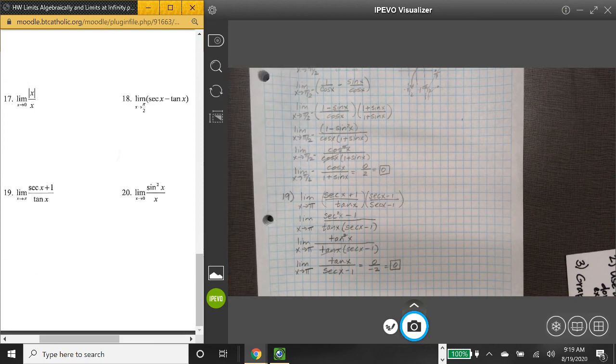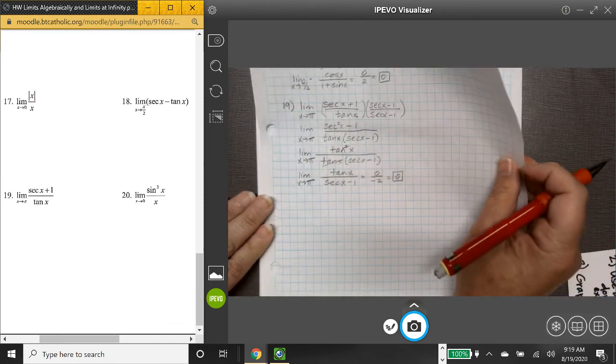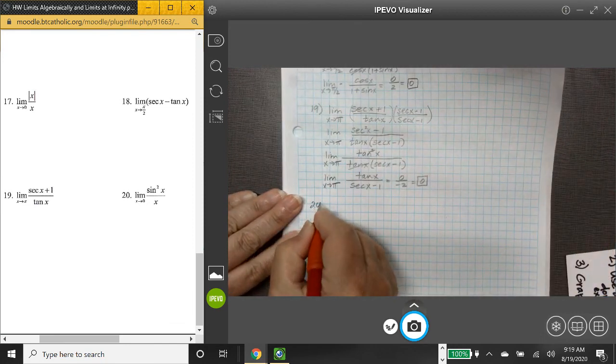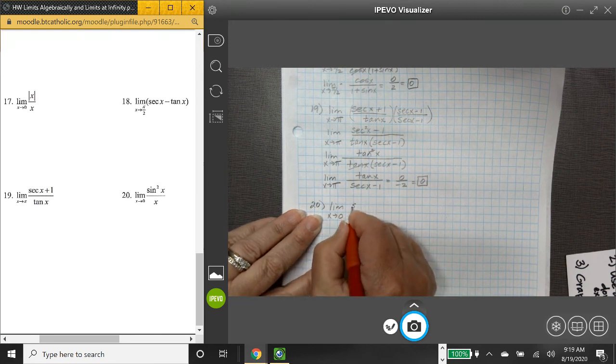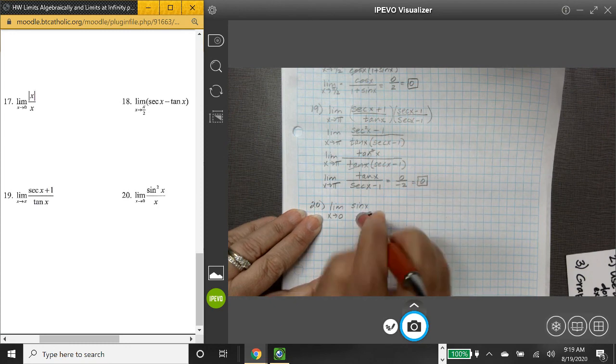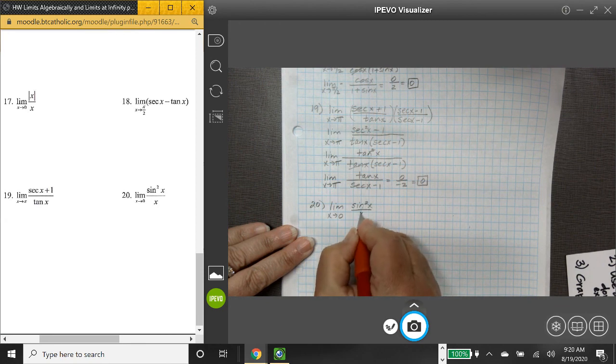All right, last one, 20. The limit as x approaches 0 of sine squared x over x.